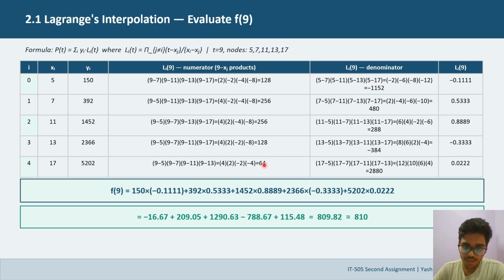So working this out, minus 16.67 plus 209.05 plus 1290.63 minus 788.67 plus 115.48, which equals approximately 810. So our f of 9 is approximately 810. The time complexity is O of n squared and space complexity is O of n.